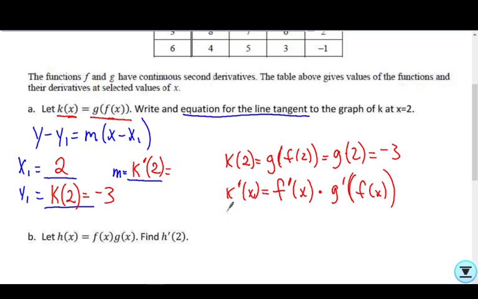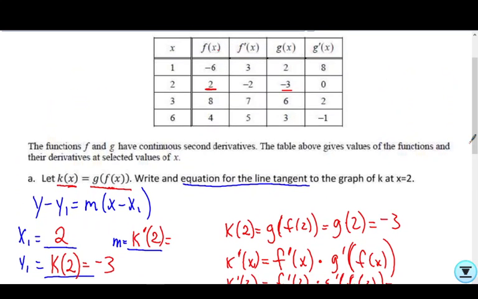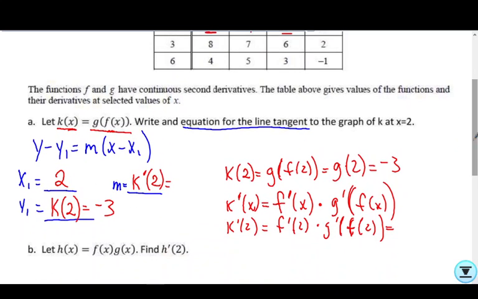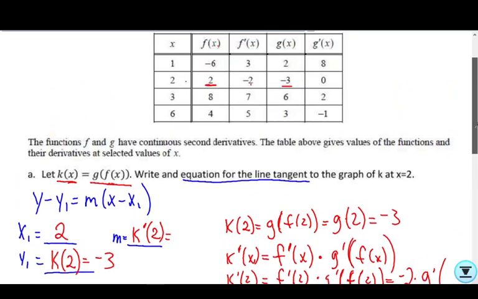Next I need to find k prime at 2. So that's f prime of 2 times g prime of f at 2, and again we're going to be using the chart. F prime at 2 is negative 2. So this is negative 2 times g prime of f at 2. What's f at 2?